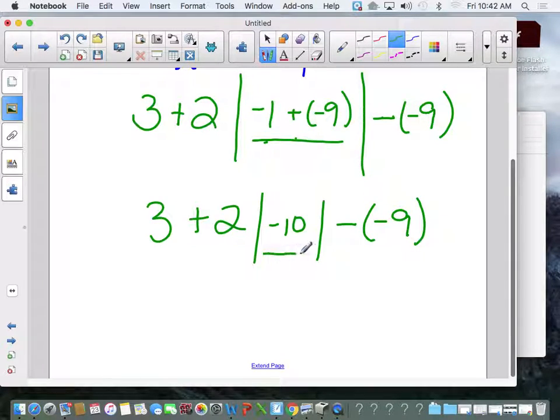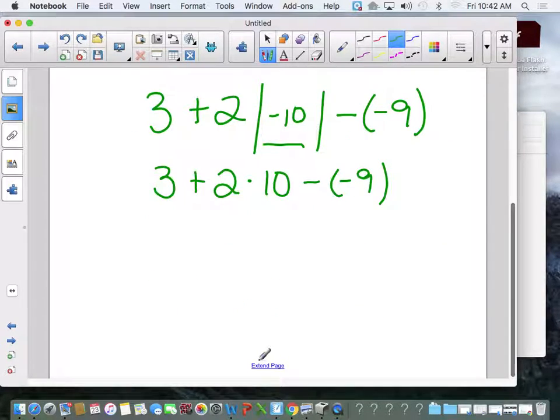I still am doing the grouping. The absolute value of negative 10 is 10 because it is 10 away from 0. So I have 2 times 10 minus a negative 9. And then I'm going to do multiplication. So here's my multiplication. 3 plus 20 minus a negative 9.